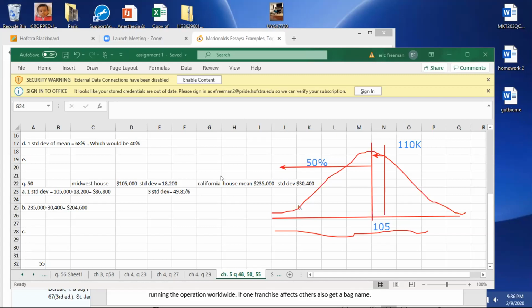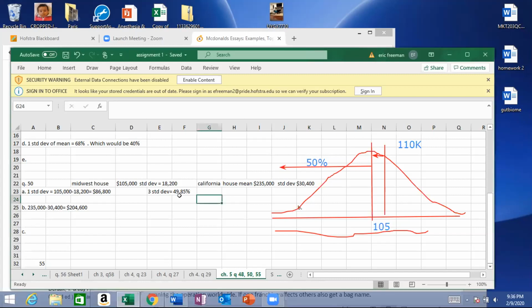Let's use the norm dist function. So in one of the cells, I would like you to put in equals norm.dist, an open parenthesis. And now you're going to put in the number, which is their house. So I think it's going to be 110,000.